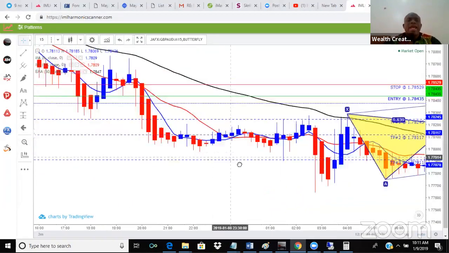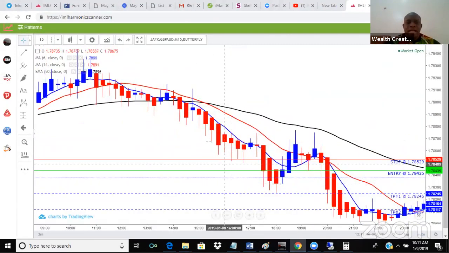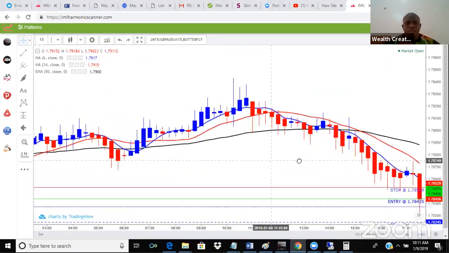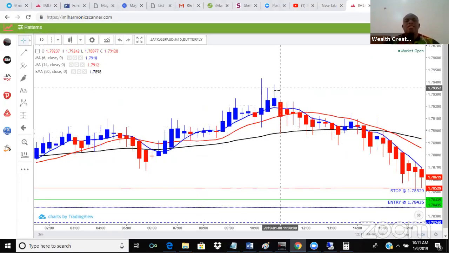And because the trend is my friend, look at when the blue is below the red and both of them are below the black, the sell is obvious. Look here: blue below the red and they are both below the black. The sell is obvious. When the blue is above the red and both are above the black, the buy is obvious. So this is how we want to trade with the trend on the Harmonics Scanner.